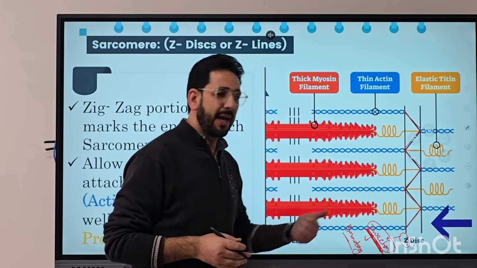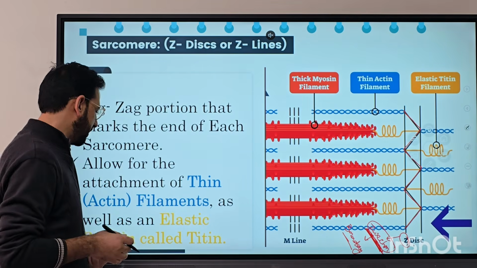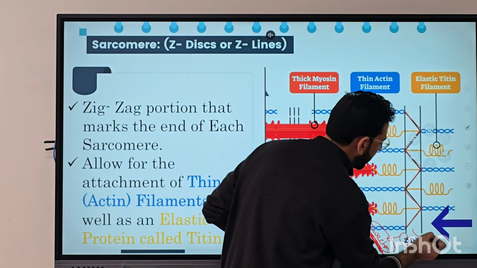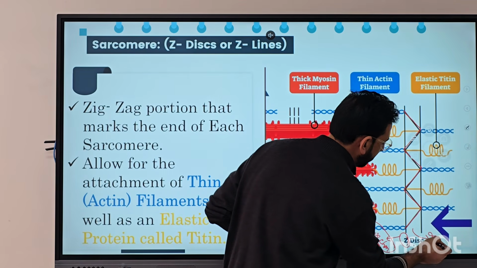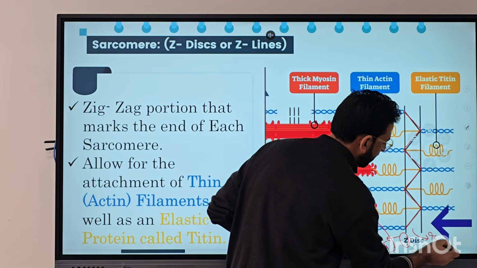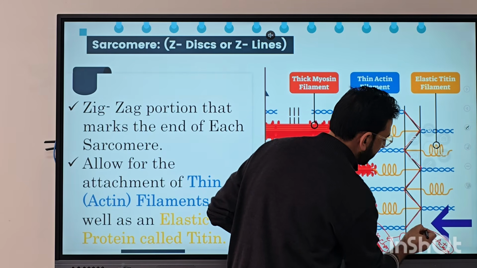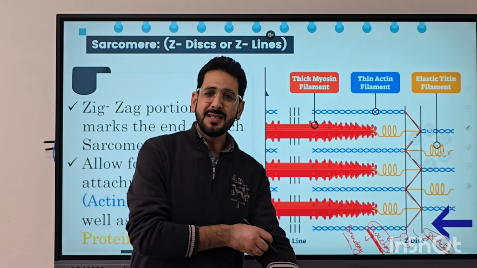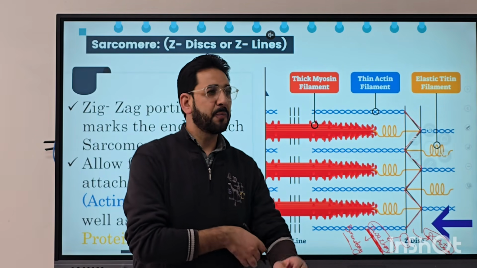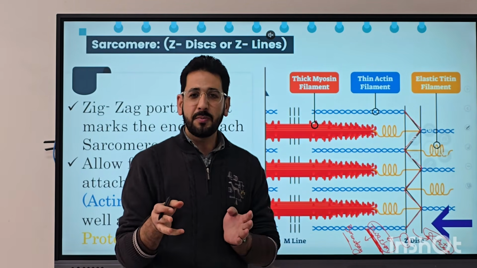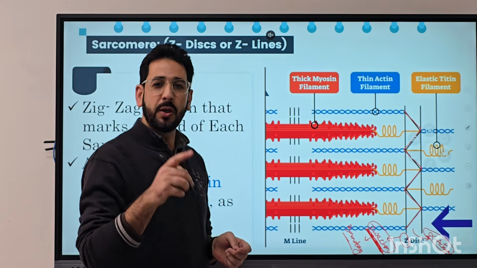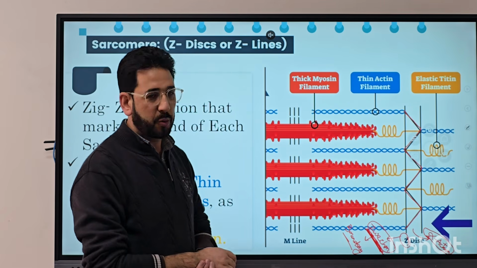Now this Z line contains a special protein called alpha-actinin. Why is this Z line important? Because it provides the boundary to the sarcomere, and second, it provides the attachment to two important proteins present in the sarcomere.